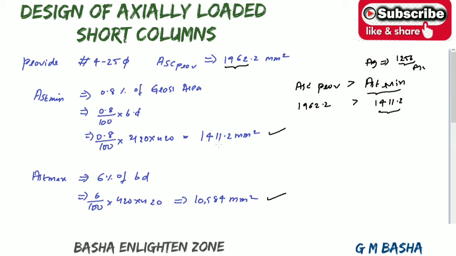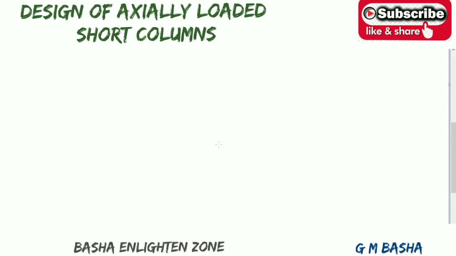Then our next step is providing lateral ties. For lateral ties also there is one condition in the code book, on page number 49.